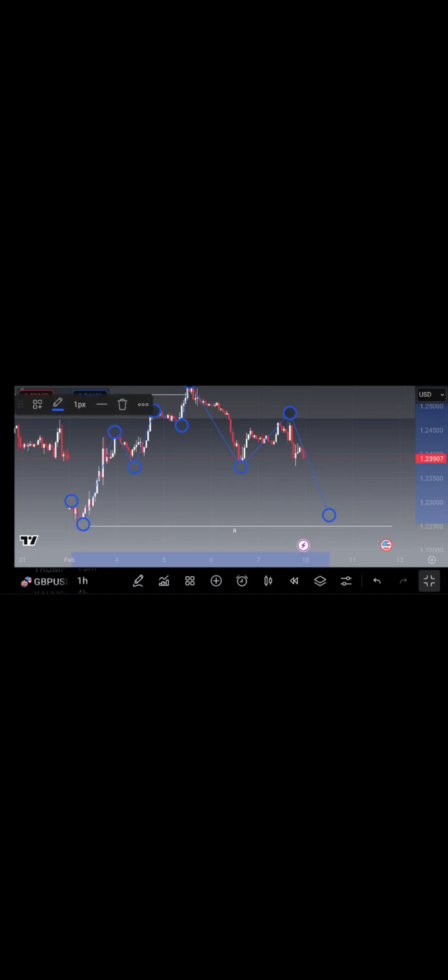So now we have to be looking at selling pressure once again. It broke below and is still giving us moves in the downward direction. So now what I'm gonna be analyzing here, we have our change of character.